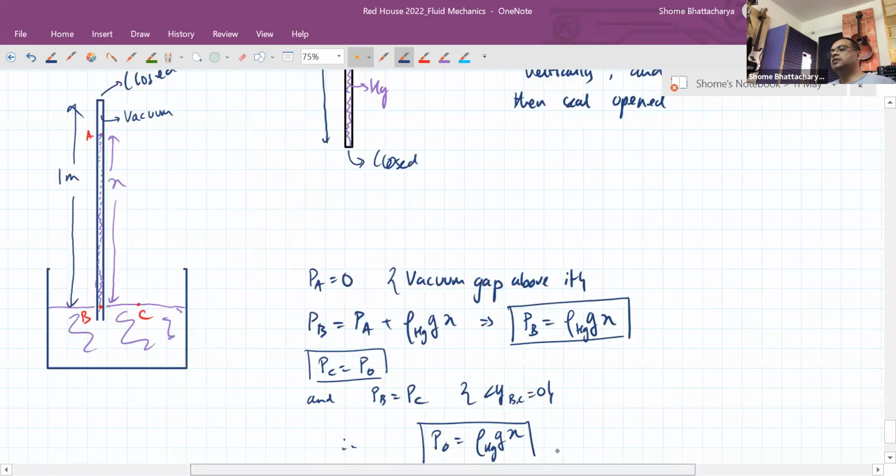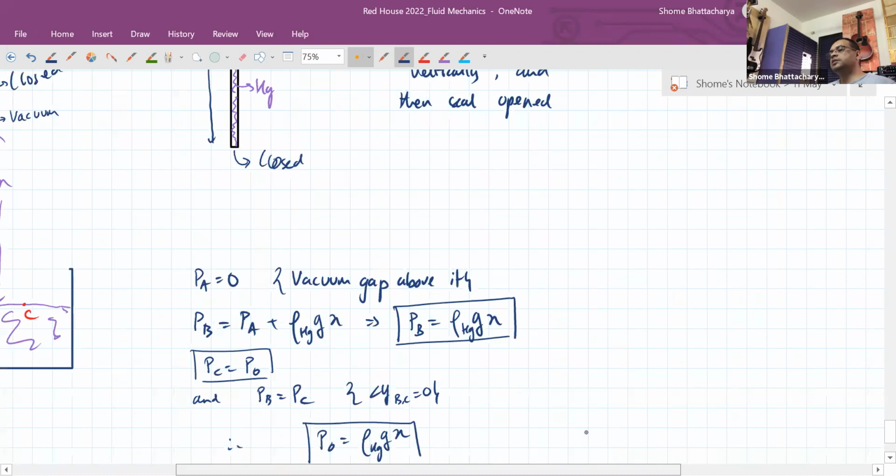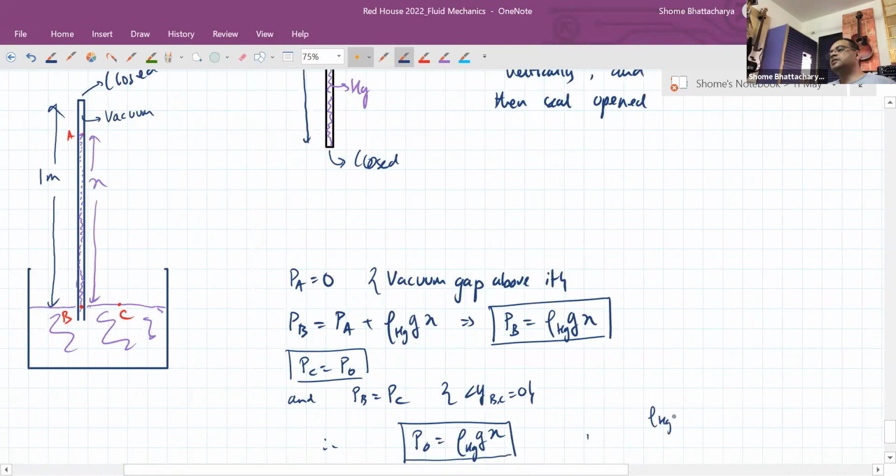So at sea level, the observed value of X, as you know, is about 76 centimeters. Taking the density of mercury as 13,600 kg per meter cube, the more accurate value of g is 9.8 meters per second square, and X at sea level comes out to be 76 centimeters or 0.76 meters.